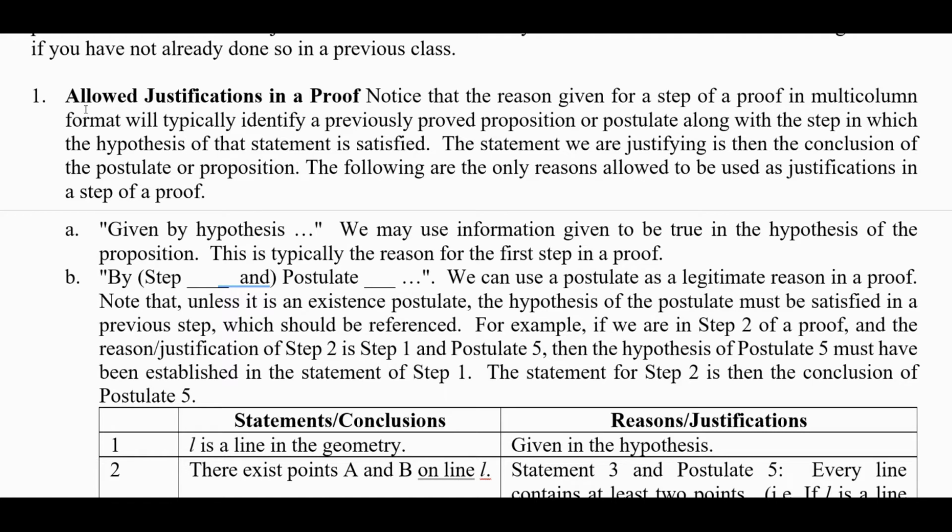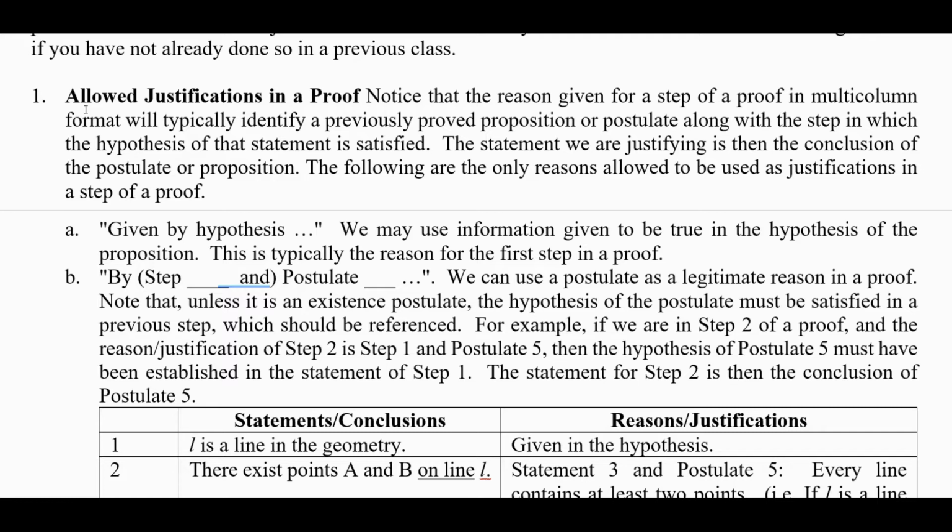Most of the steps will say "by step blank and postulate blank," with a number put in there and perhaps the postulate written out. And we can use that as a legitimate reason in a proof, the postulate.